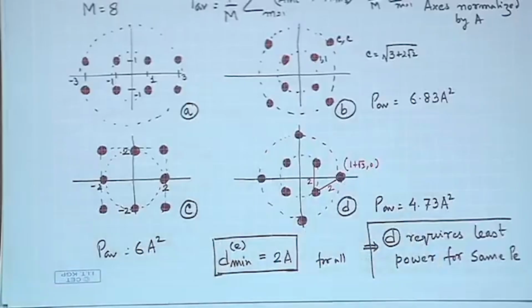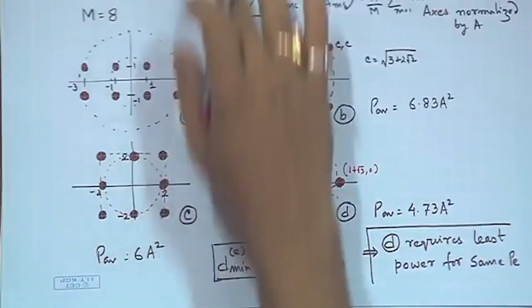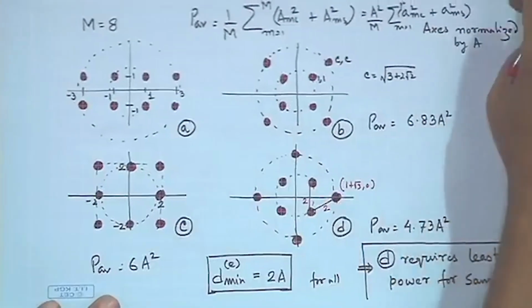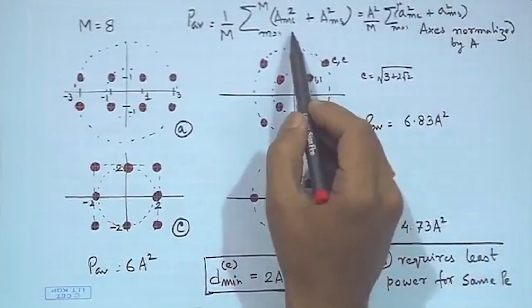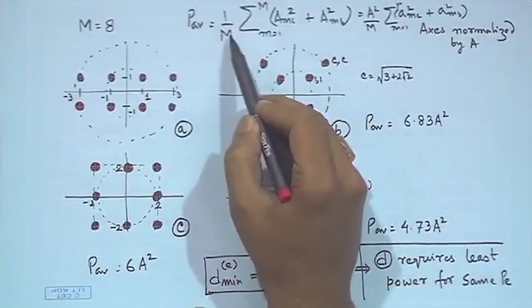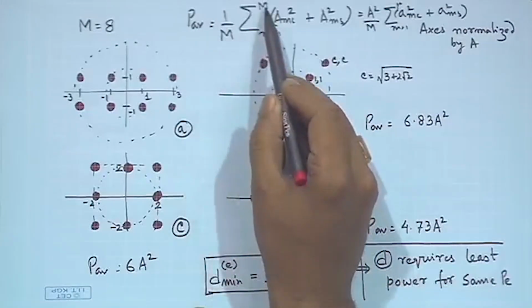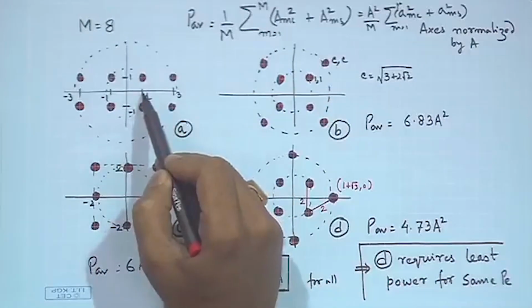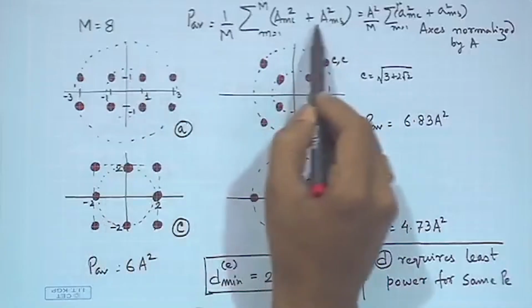If you look at all of these constellations, they all have m equals 8, and the average power calculation is simply represented here: 1 upon m, m is 8, sum over m equals 1 to 8. That means I will take the power of this, which is A_mc squared plus A_ms squared, written over here.